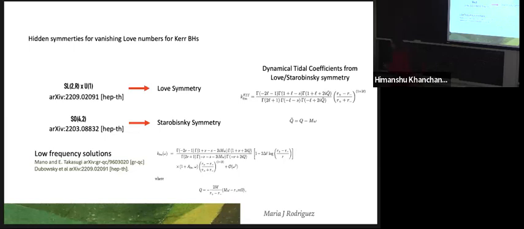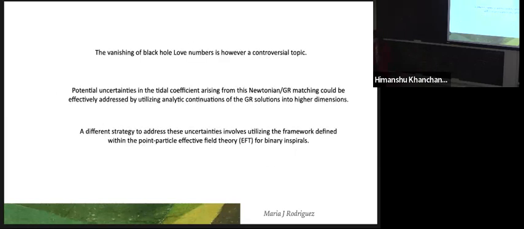Okay, so the love numbers are a controversial topic. I think some people are still trying to understand what it means for data in the gravitational wave detections.